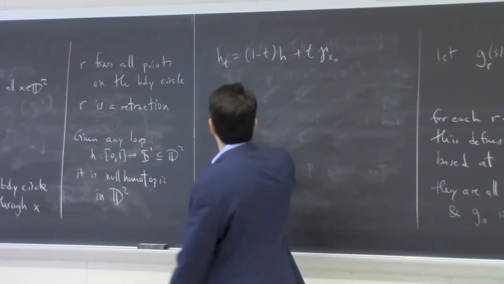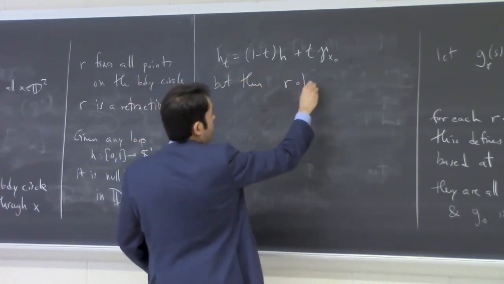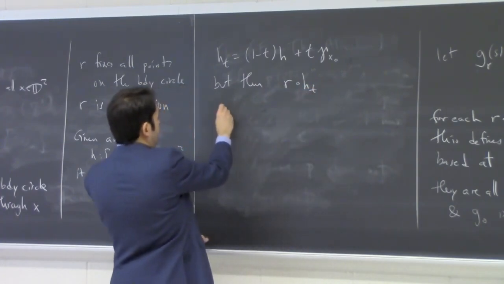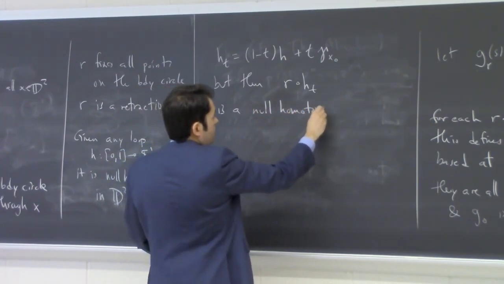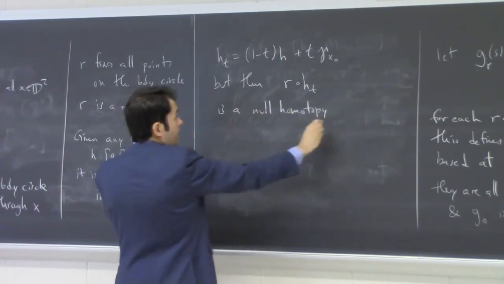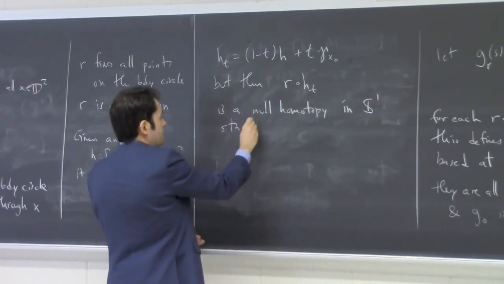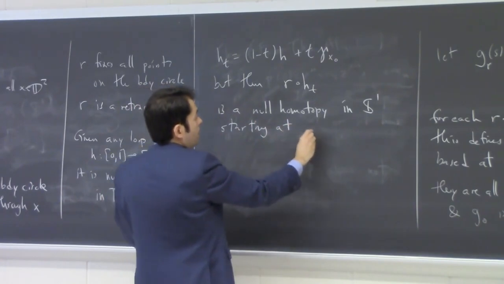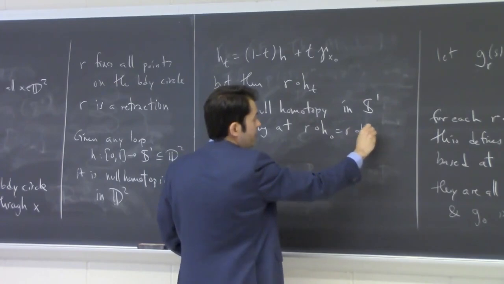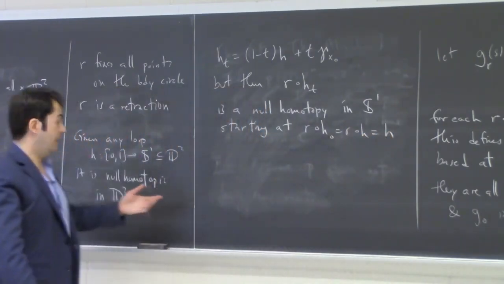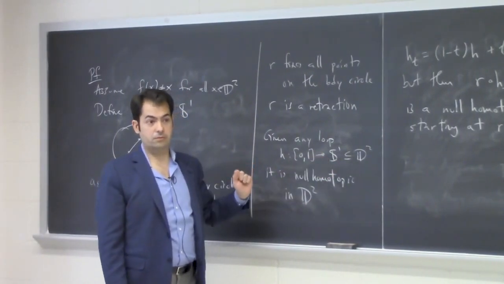But then R composed with h sub t is a null homotopy in the circle starting at R composed with h naught, which is R composed with h, which is just h, because h takes values in the circle, and R is the identity on the circle.